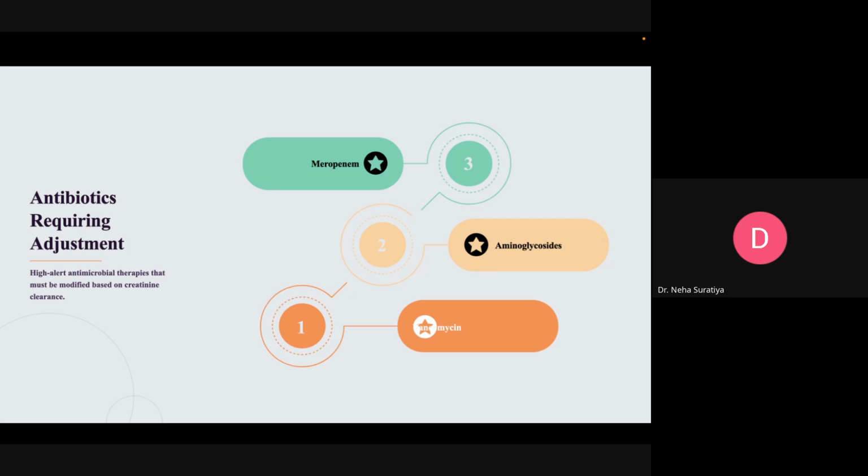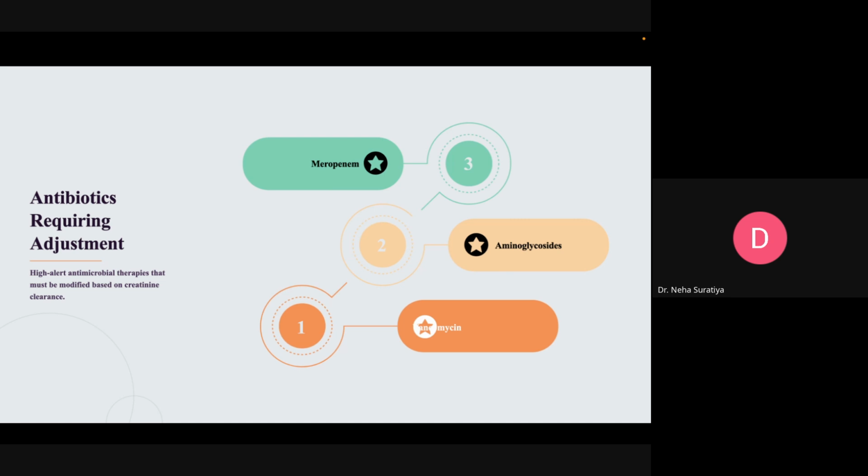So we need to maintain a steady concentration in the plasma if you are aiming for the therapeutic efficacy which aminoglycosides can provide. But the important thing here is that renal accumulation happens in renal impairment with aminoglycosides, and that can worsen your kidney damage. It can give irreversible damage to the kidneys in cases of renal impairment.